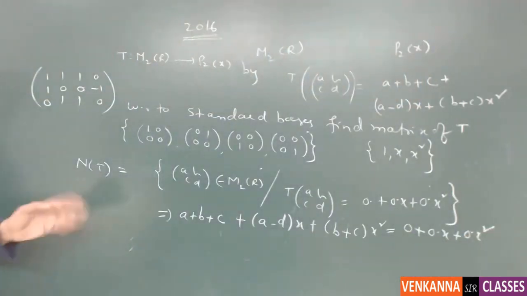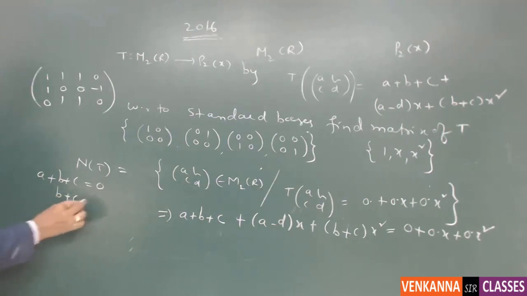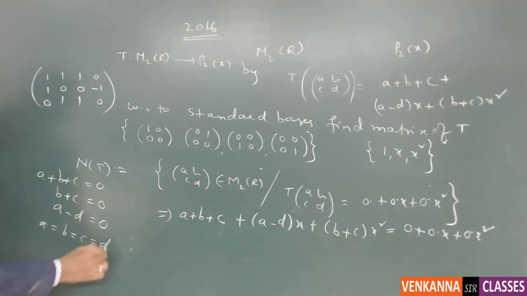So if you equate the corresponding coefficients, you can say a plus b plus c equal to 0, you can say b plus c equal to 0, and you can say a minus d equal to 0. From this, all the four values will become 0. Do you accept it, or can we do it better? The zero matrix will always give the trivial value.